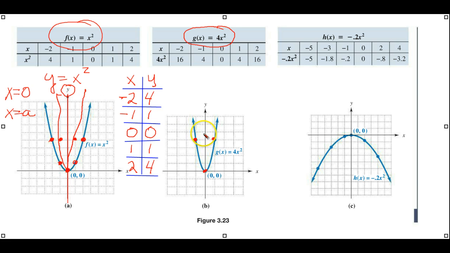So you can see if we superimpose this on this grid, that as the coefficient of our x squared gets larger, it brings this line in closer to the y-axis, which is our axis of symmetry, and the equation of which is still x equals 0.